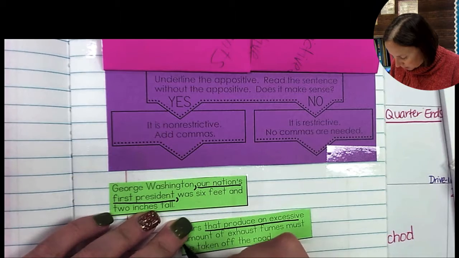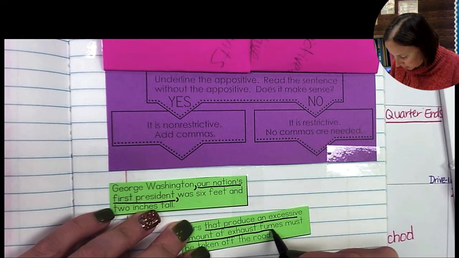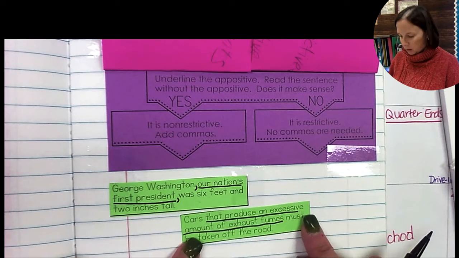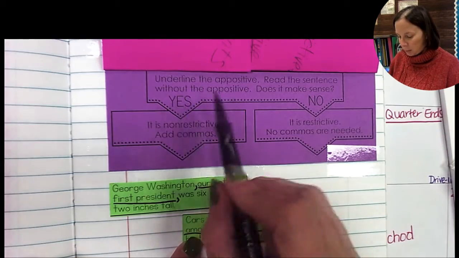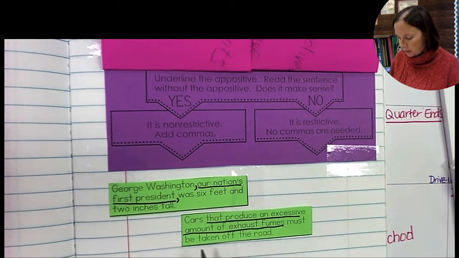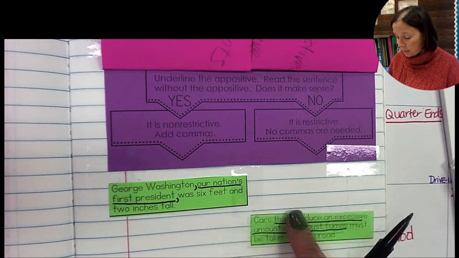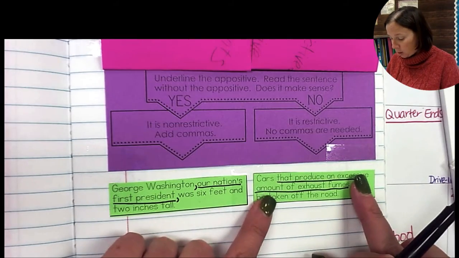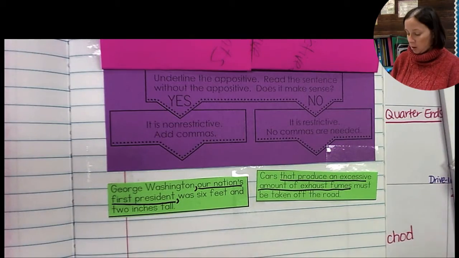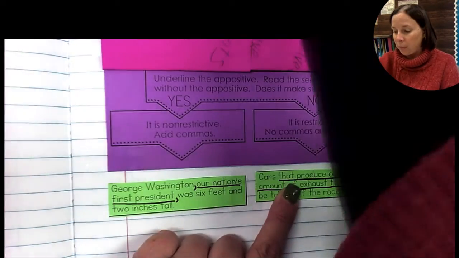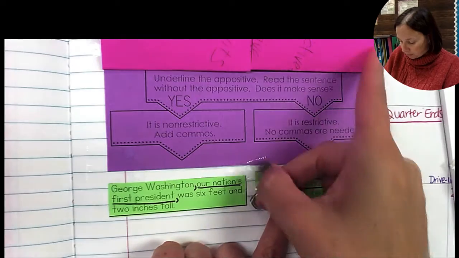Which cars? The ones that produce an excessive amount of exhaust fumes. It says read the sentence without the appositive. Cars must be taken off the road. That doesn't make sense. We are not trying to say that all cars should be taken off the road. So that is going to be considered a restrictive appositive phrase.